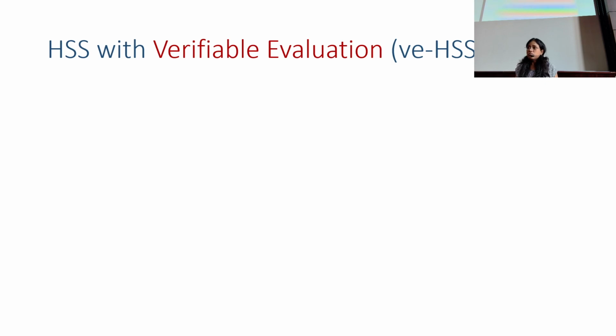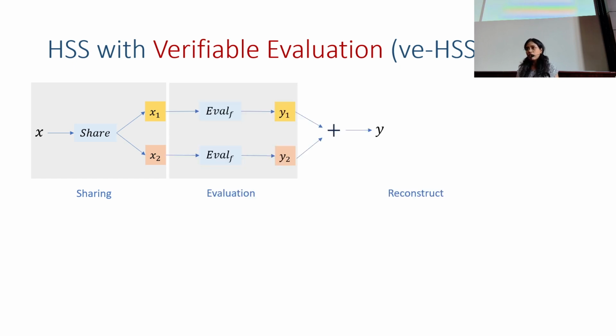Okay, so to address this problem, we introduce a new notion, which we call HSS with verifiable evaluation. HSS with verifiable evaluation preserves all of the nice features of a regular homomorphic secret sharing scheme, and in addition to that, it adds verifiability to the reconstructed output. So similar to a regular HSS scheme, HSS with verifiable evaluation has a sharing algorithm, an evaluation algorithm, and then a reconstruction phase.